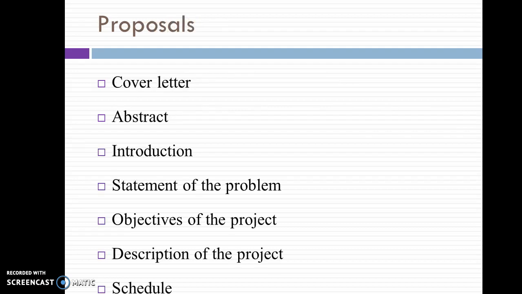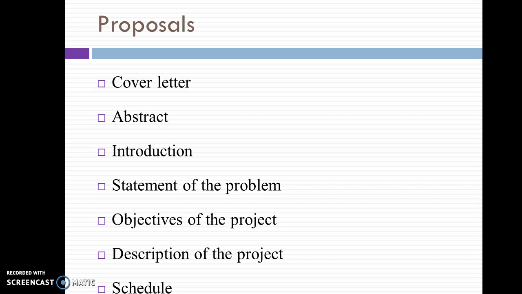Proposals can be written in this format. Whenever we go for any product development, we need funding for it. To get that funding, we should write a proposal in the prescribed format.